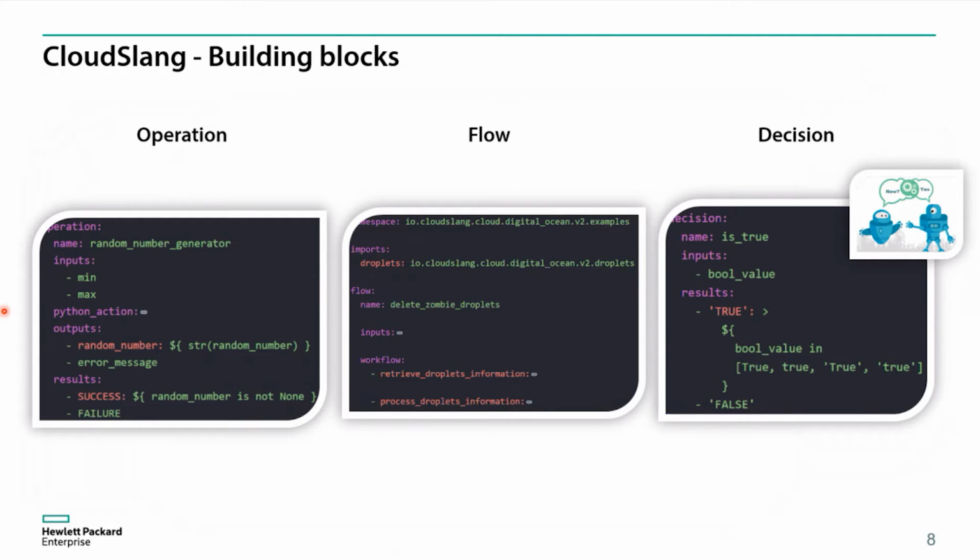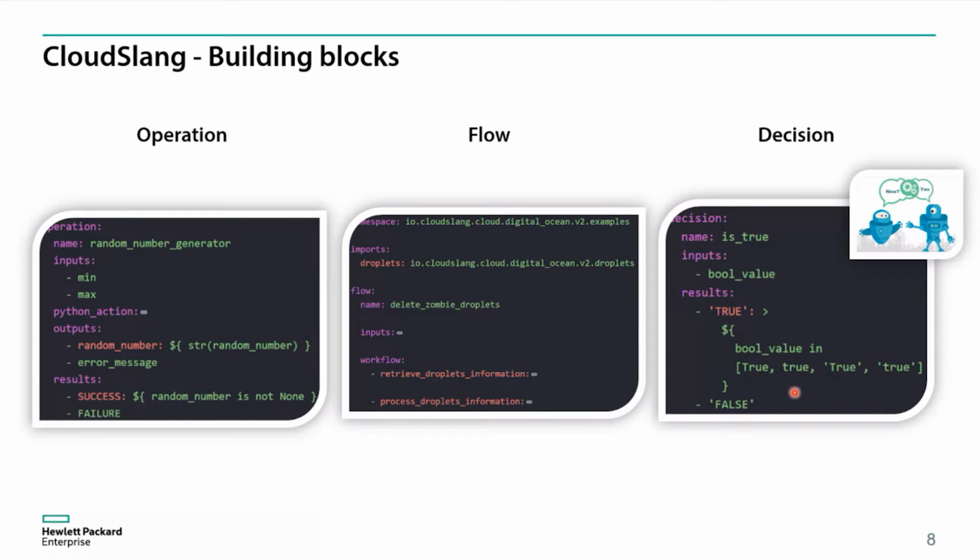And with the introduction of CloudSlang 1.0, we added the decision. Decisions, I would say, are pretty cool. In my way, you should envision those as simple operations that assist you in taking decisions. Like, for instance, in this example here, you have a simple input where you say, if this input is true, then I will get out on the true path.